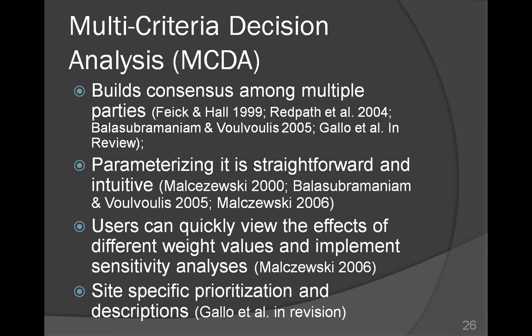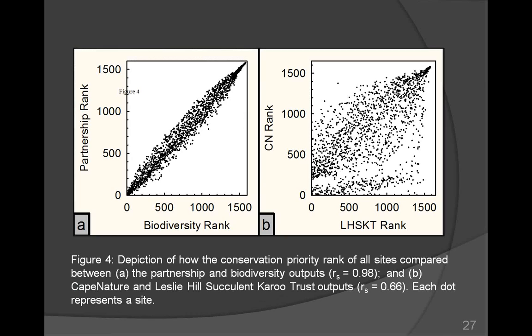And I want to skip this slide, but this talks about some of the important things to consider about multi-criteria decision analysis, and one of the reasons why I'm such a big proponent of it. This is an example of how it can really help bring a variety of stakeholders to consensus.